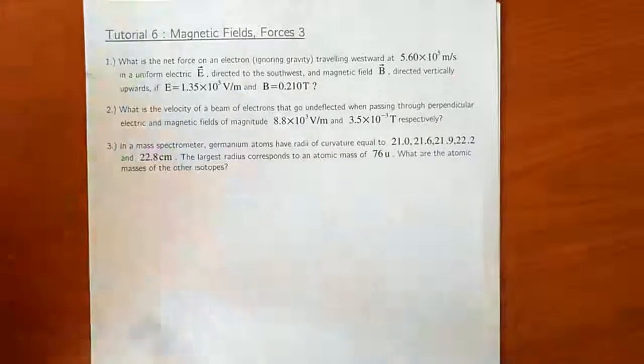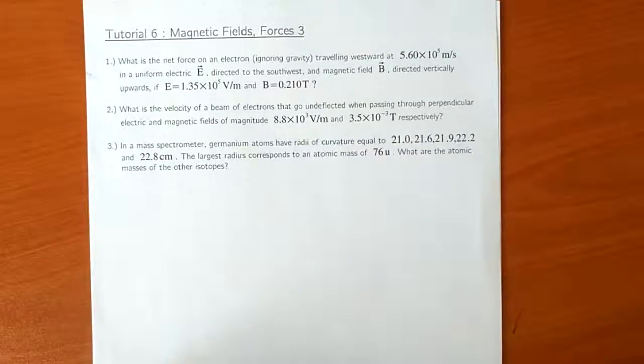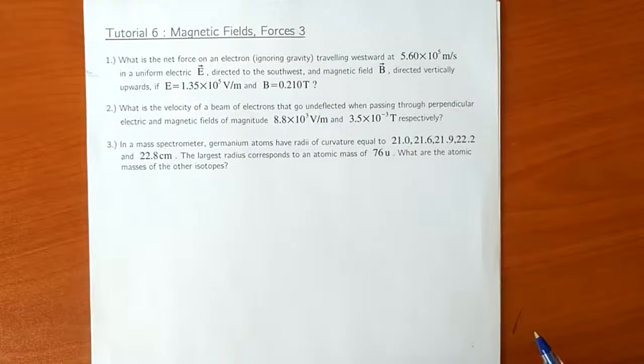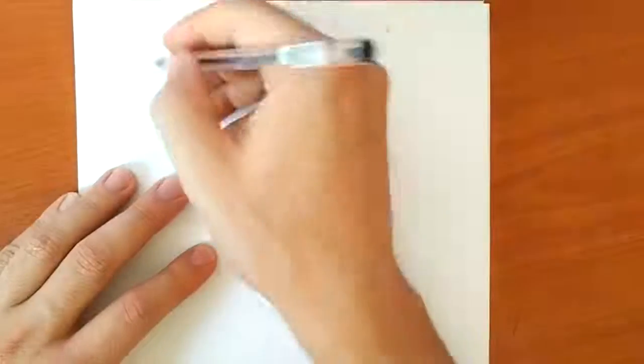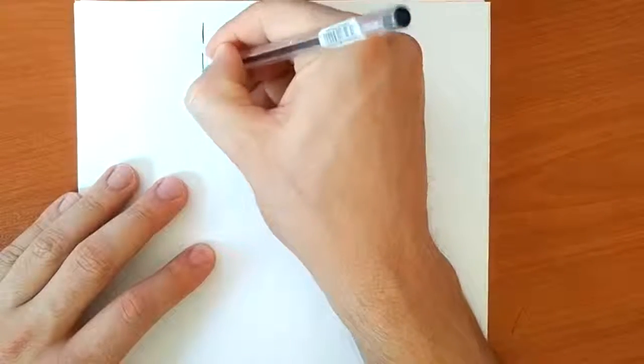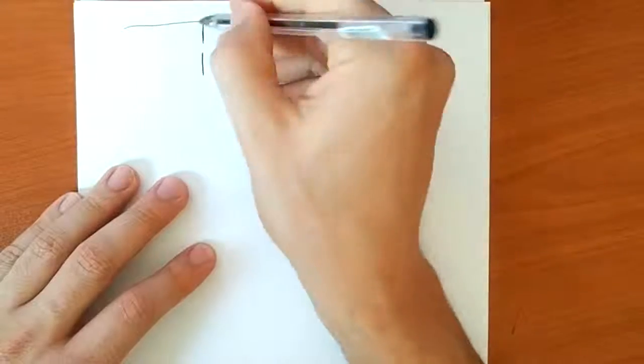What are the atomic masses of the other isotopes? Let's quickly see what actually happened here. I have to refer back to when we explained how a mass spectrometer works, but let's quickly go over it. So we've got a chamber here.